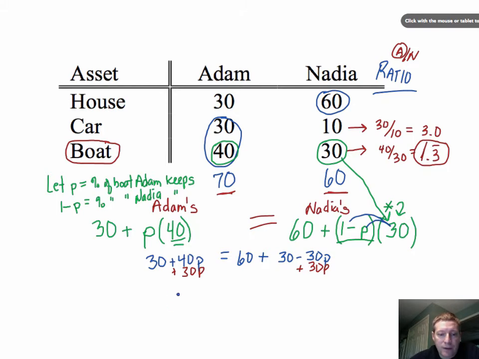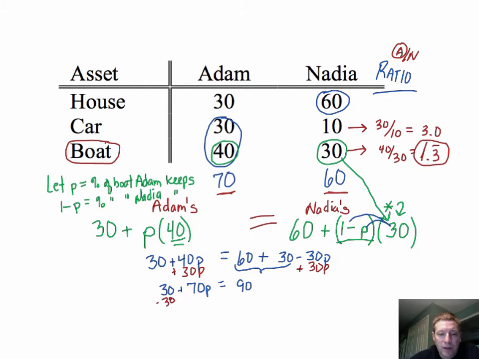That's going to give us 30 plus 70p on the left side. And on the right side, I'm going to combine these while I'm working here. That's going to be 90. And remember, this is 0 since we added 30 to negative 30. And then the next step, we're going to subtract 30 from both sides.